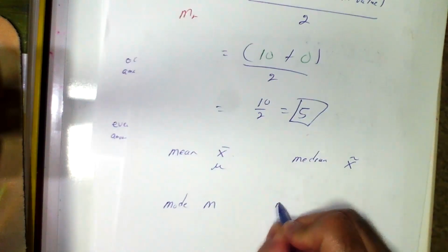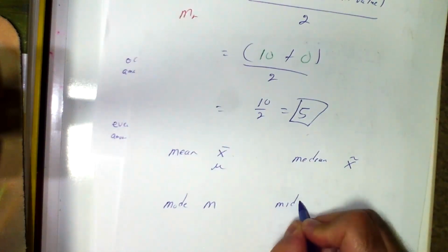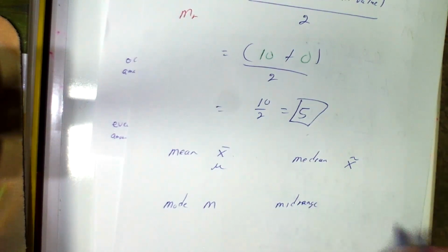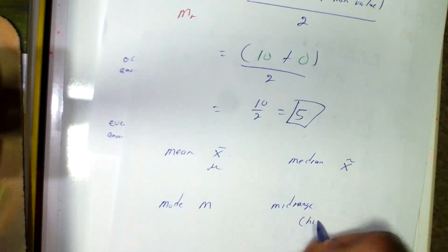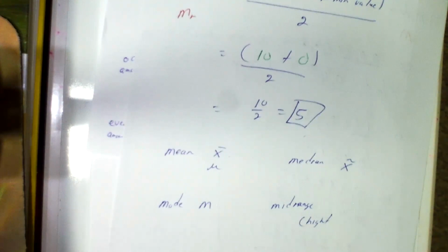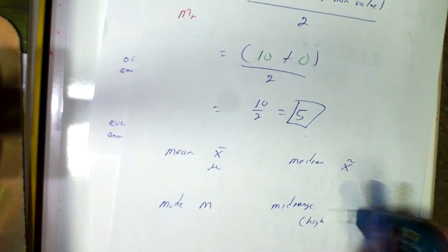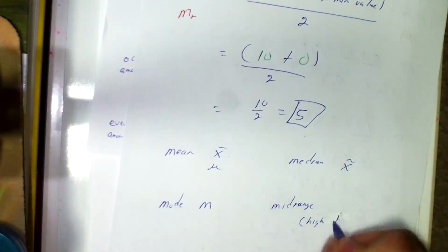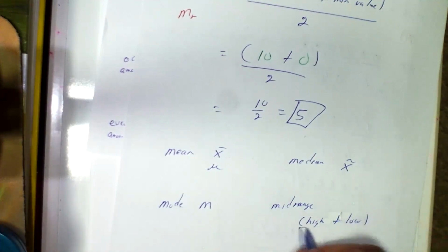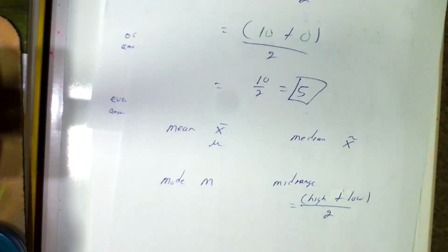And the fourth one is called the mid-range. And remember that is the high value plus the low value in parentheses, divided by 2. There's your mid-range.